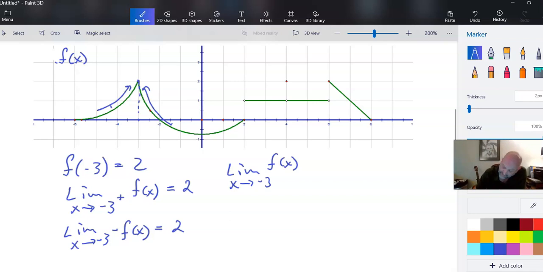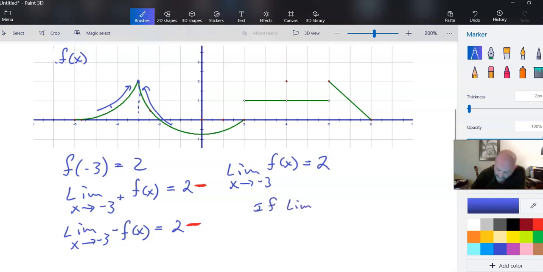As long as these two values here, the right-handed limit and the left-handed limit, if those two values match, right? So in this case, they're both 2's. That means the limit exists, and it's the same as both the right and left-handed limit. It turns out if the right-handed and left-handed limits don't equal each other, then the overall limit does not exist. Okay, so let me write that down here as an actual statement here.